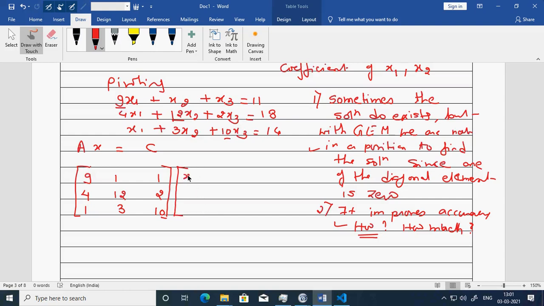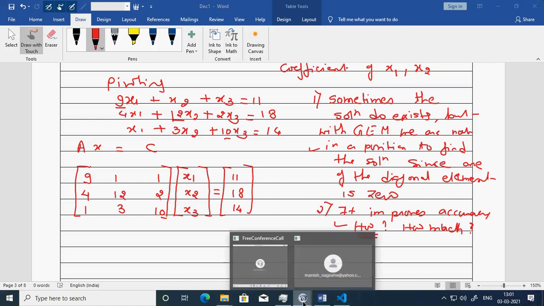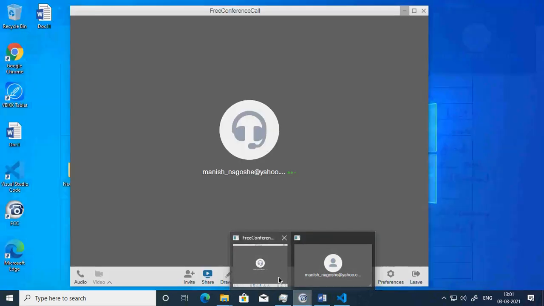And now I write the variable matrix X as X1, X2, X3. This is my variable matrix. Then I write the constant matrix as 11, 18 and 40. So in this way I write my constant matrix.